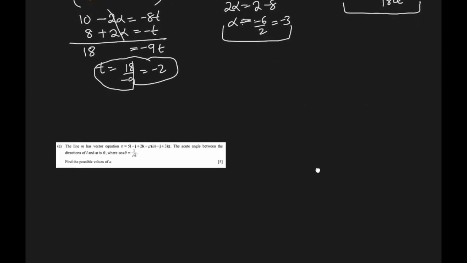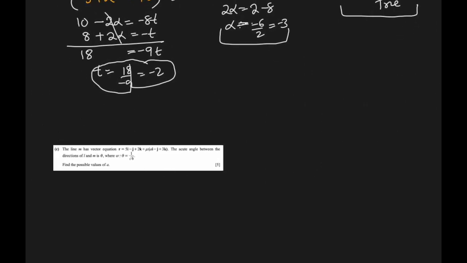There is part C also. The line M has a vector equation which is this. The acute angle between the directions of L and M is theta, where theta is this. Find the value of a. Keep in mind that the angle between two vectors is a dot b over the magnitude of a times the magnitude of b, where the numerator is the dot product.